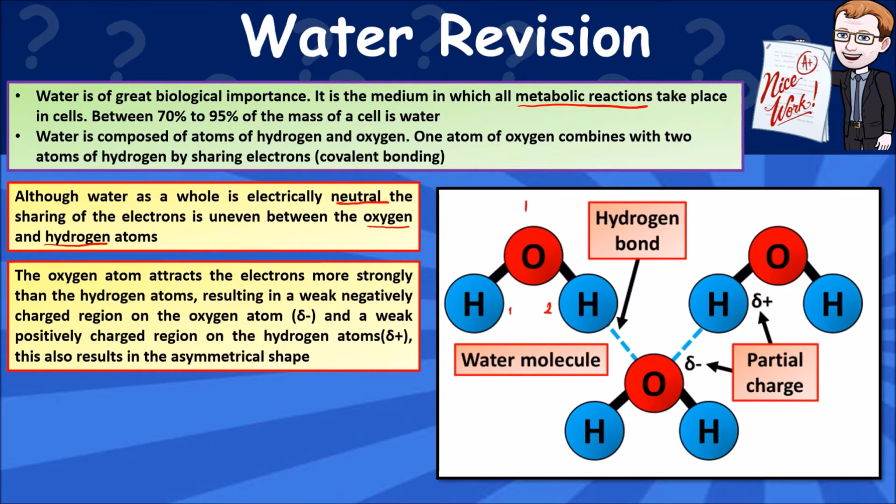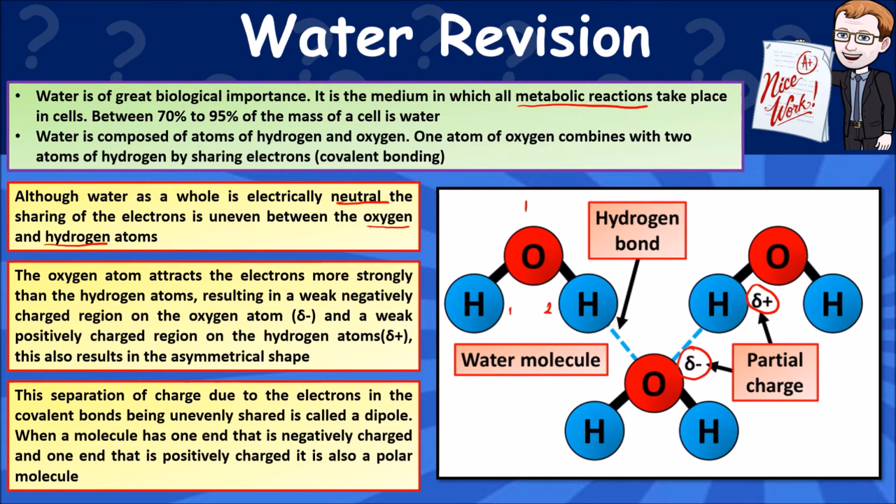You can see on this diagram we've got a weak negative charge there and a weak positive charge there, or a partial charge. The separation of charge is due to electrons in the covalent bonds being unevenly shared, and this is called a dipole.